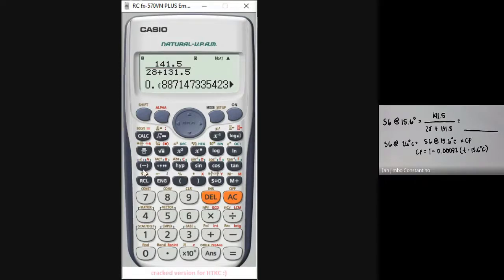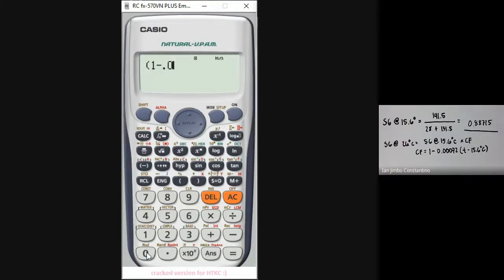So we can store this value in the letter A.